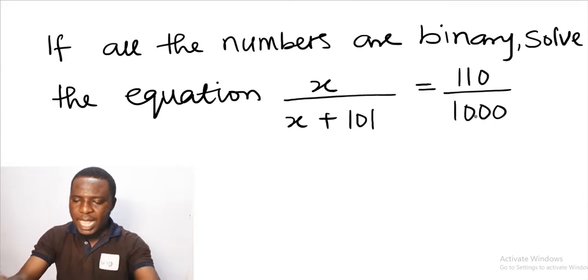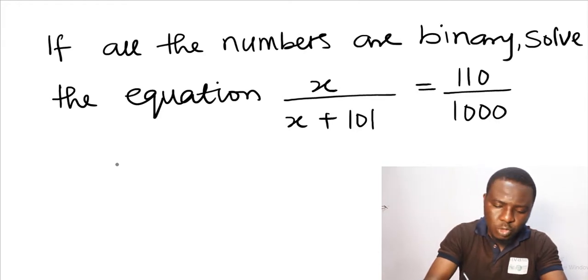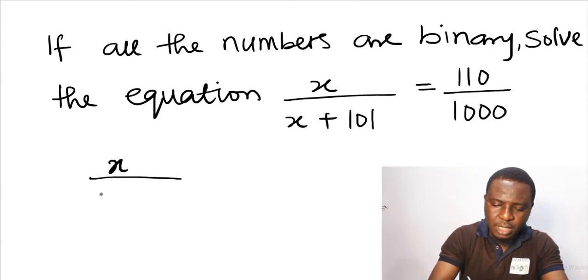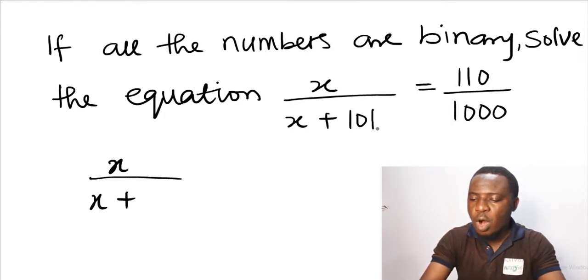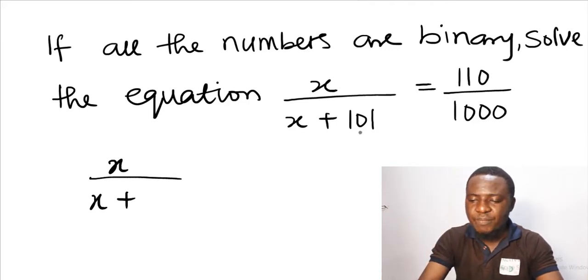So x in base 2 is equal to x in base 10 because we don't know. So x is x divided by x plus 101 in base 2 is said to be 5 in base 10.